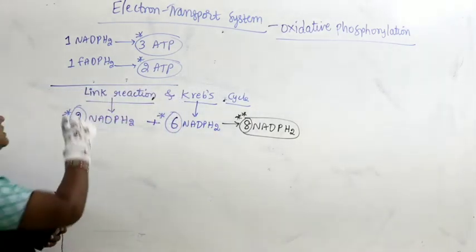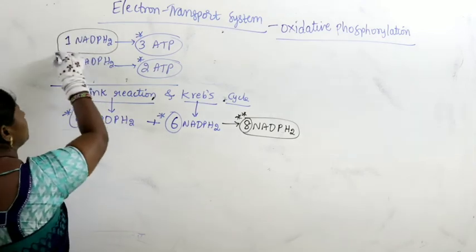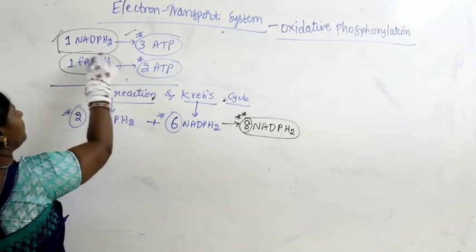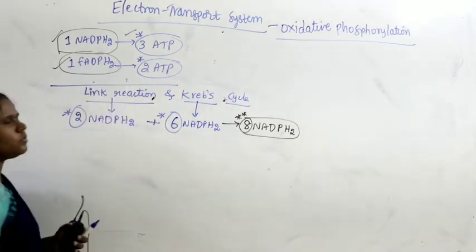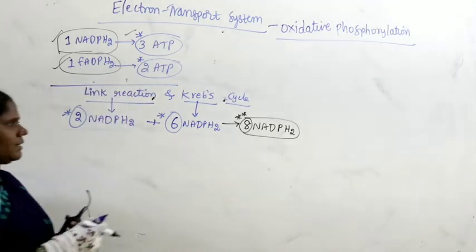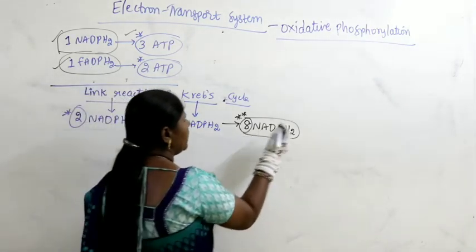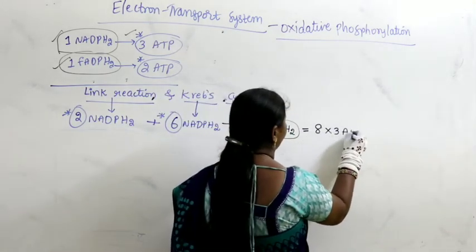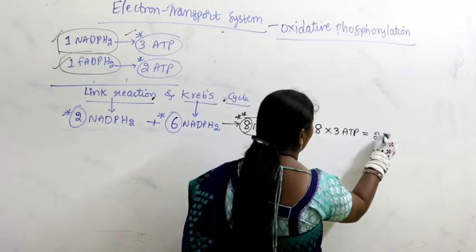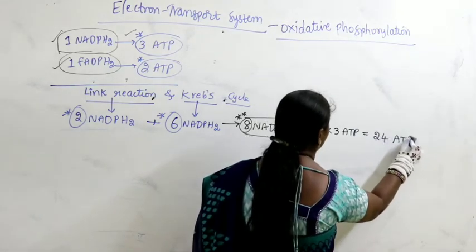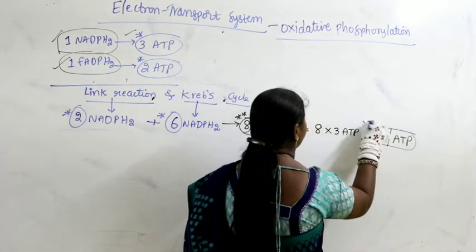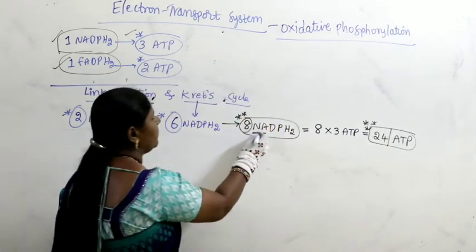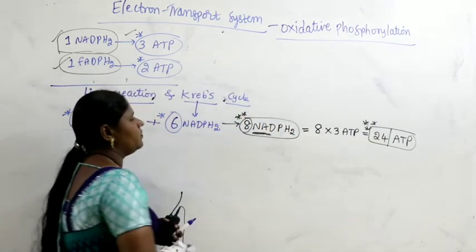Now what we said: each NADPH2 contributes 3 ATP and 1 FADPH2 contributes 2 ATP. So in the calculation, 8 NADPH2 is equal to 8 into 3 ATP, which is equivalent to 24 ATP molecules produced from NADPH2.